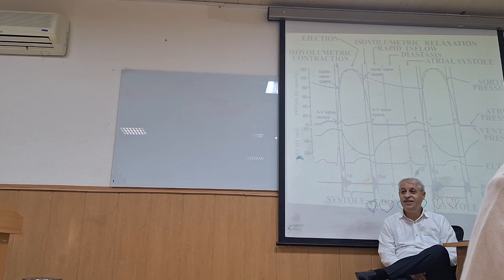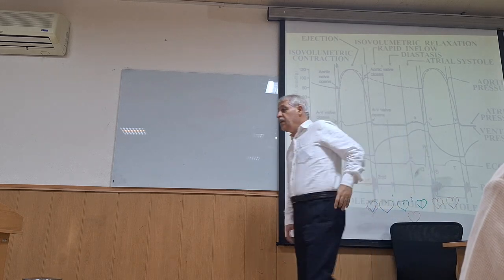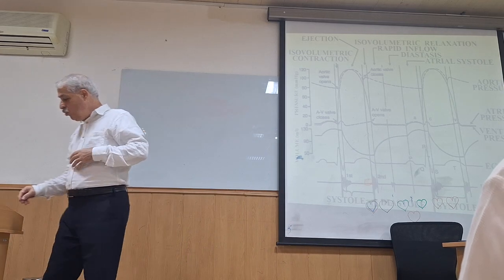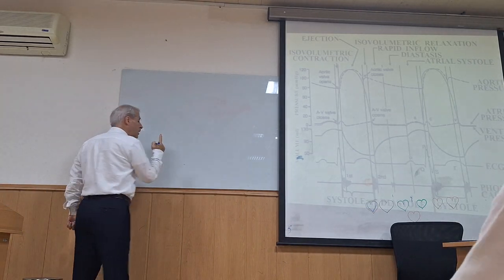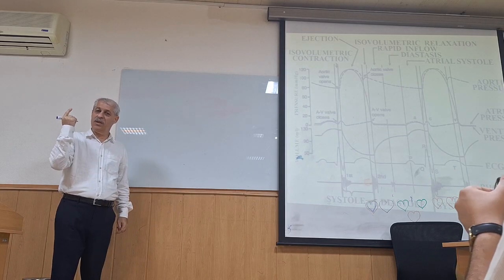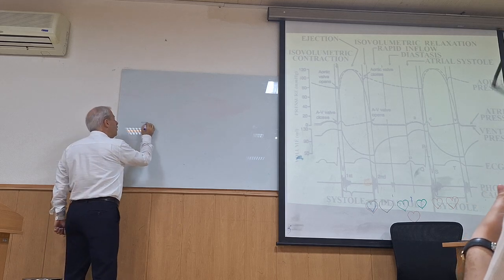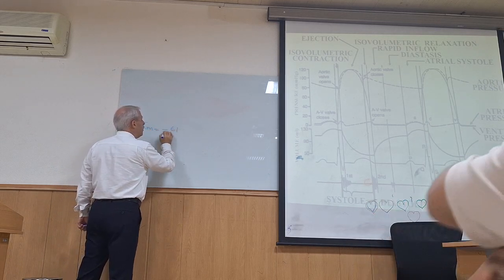I have discussed it here. Let me explain it, and then you can guess. This is the Nernst equation. If the membrane is permeable to just one ion, for example potassium, then the membrane potential will be minus 61.